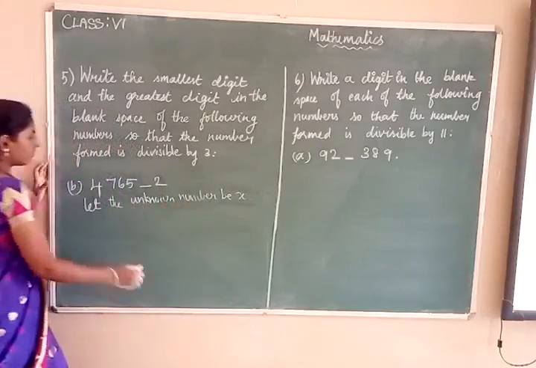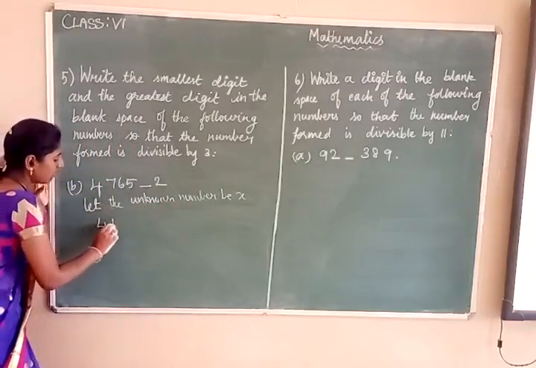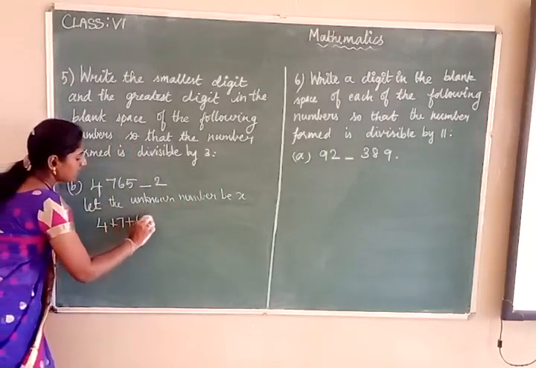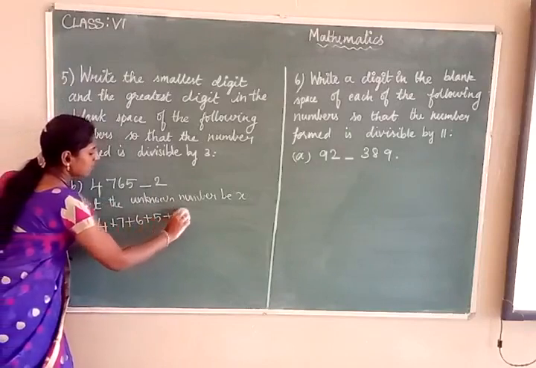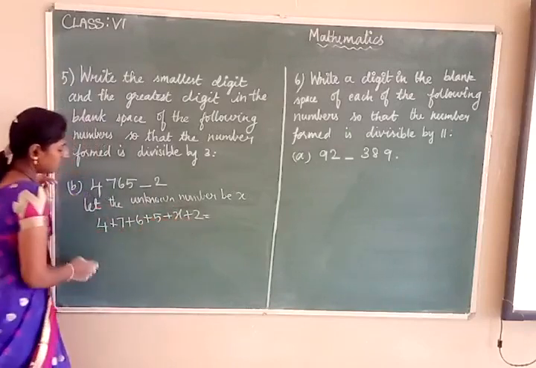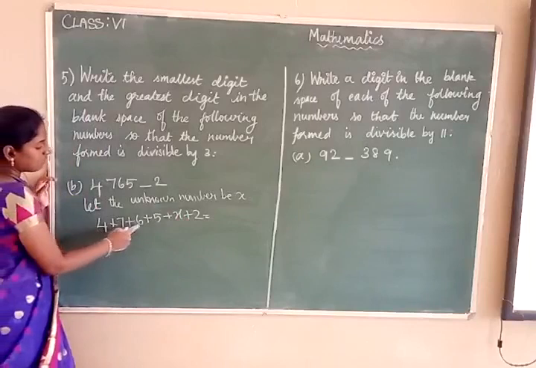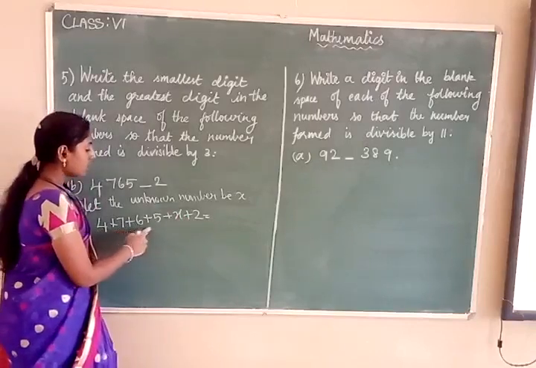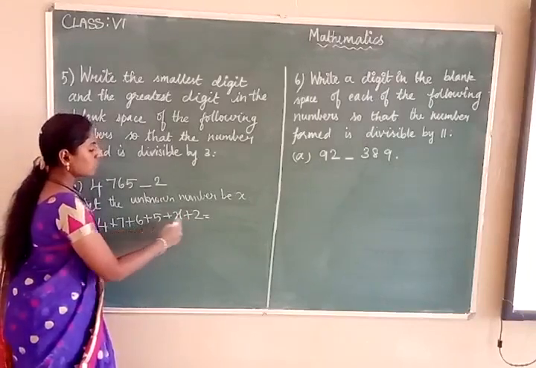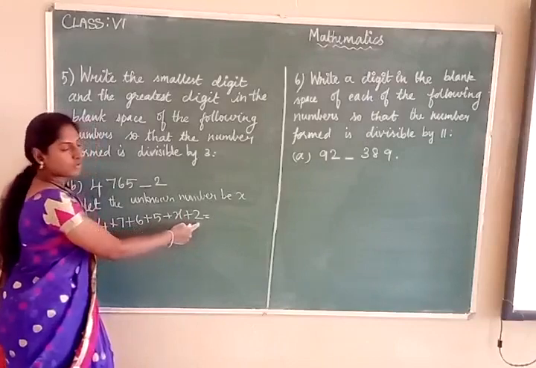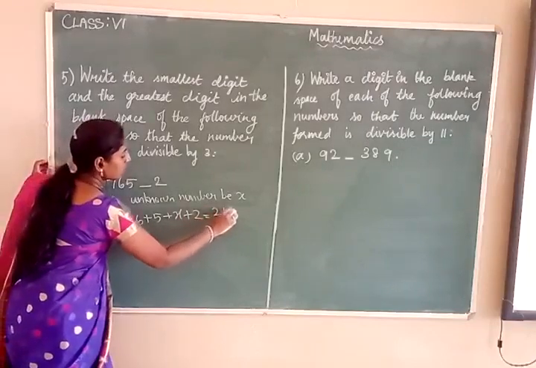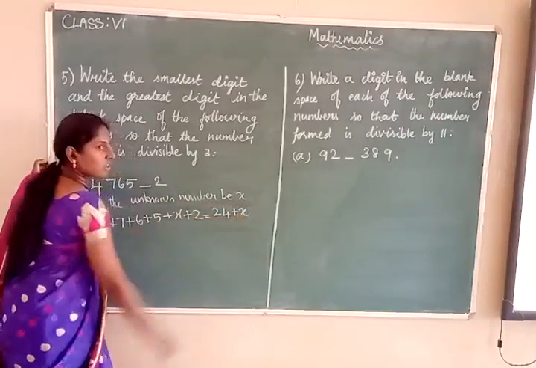So now when I add everything, 4 plus 7 plus 6 plus 5 plus x plus 2, what answer will I get? 4 plus 7 is 11, 11 plus 6 is 17, 17 plus 5 is 22, 22 plus 2 is 24. So 24 plus x. Is it clear?